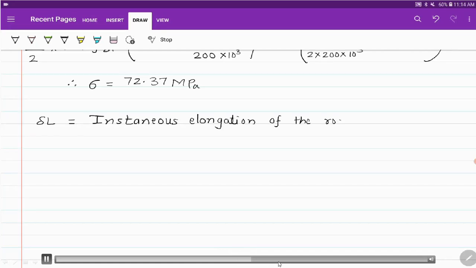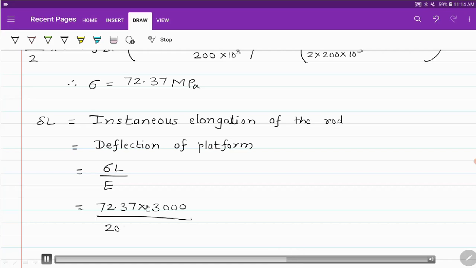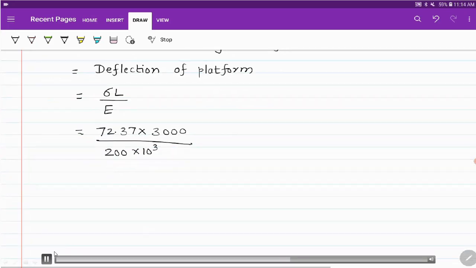Delta L is the instantaneous elongation of the rod, and that is nothing but the deflection of the platform, that is sigma L upon E. Now we have just calculated the value of sigma. Here the units are: sigma is in Newton per mm square, length is in mm, and capital E is in Newton per mm square.